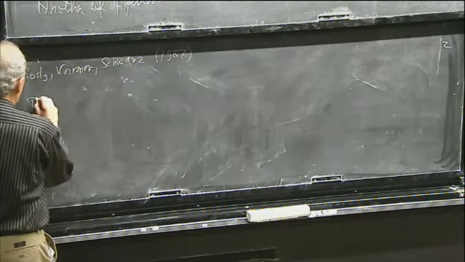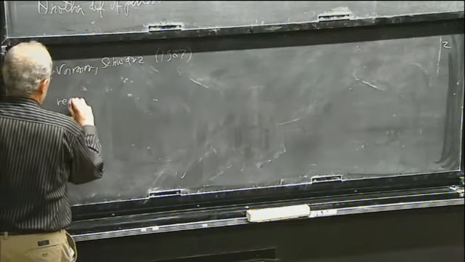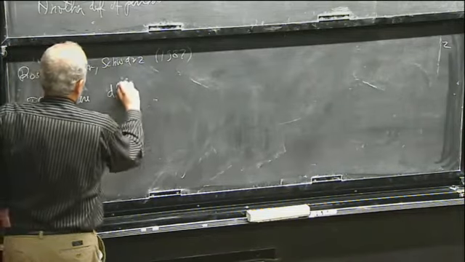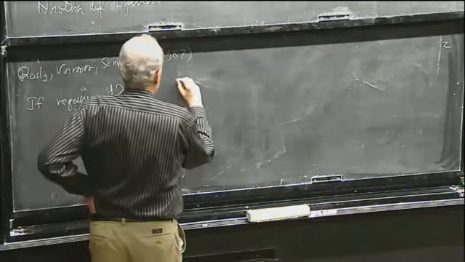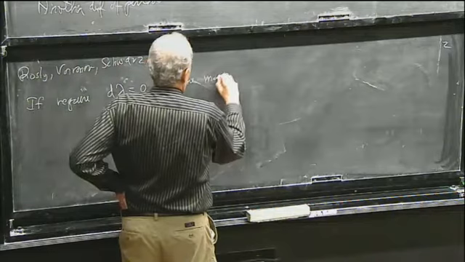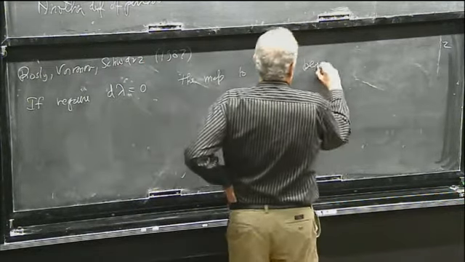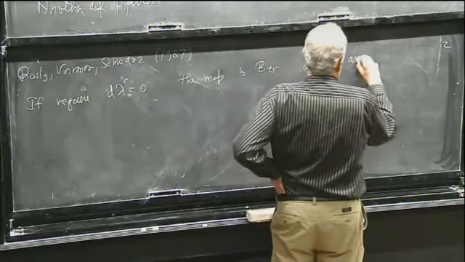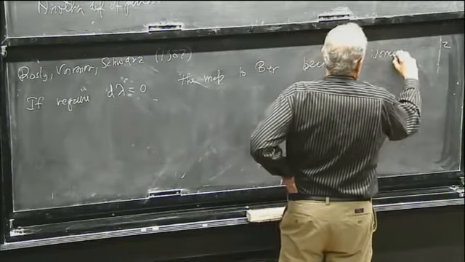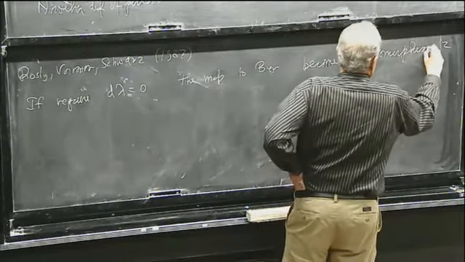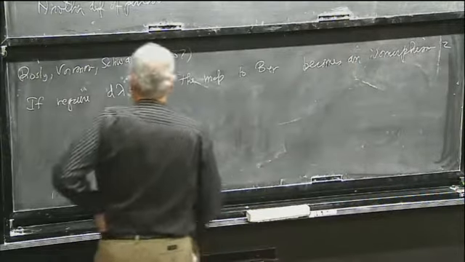If we require d lambda equals 0, then the map to the Berezinian becomes an isomorphism. Let's just try it.